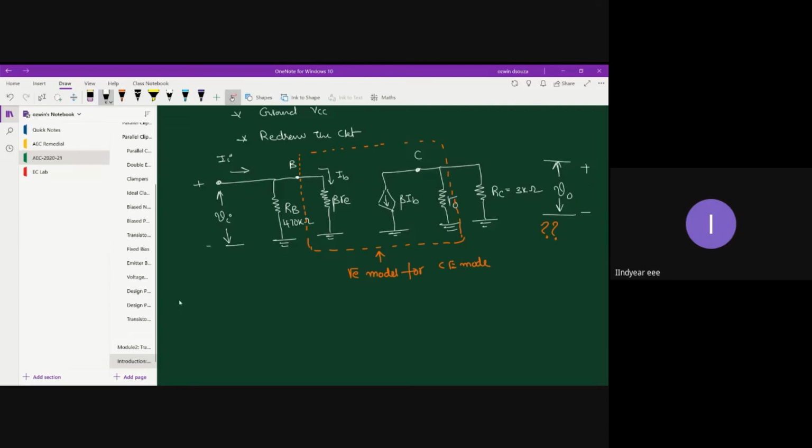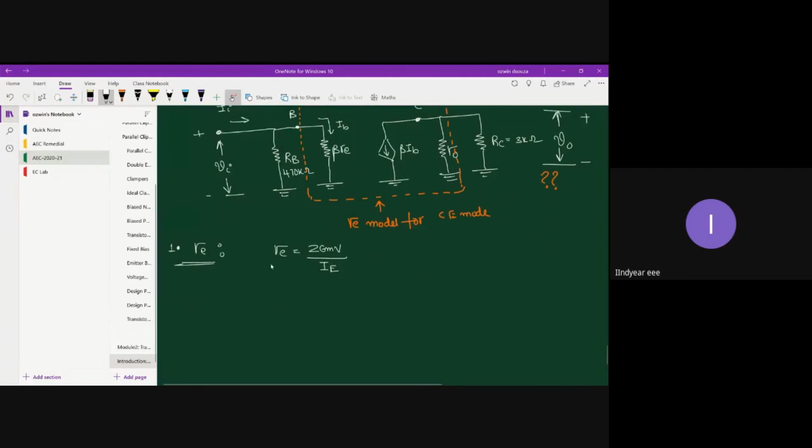First one, let us find re. The first task is to find the effective AC resistance re. re is calculated as 26 millivolt divided by IE. This IE, I have already told you, is capital I, capital E, the DC current. How will you find the DC current?